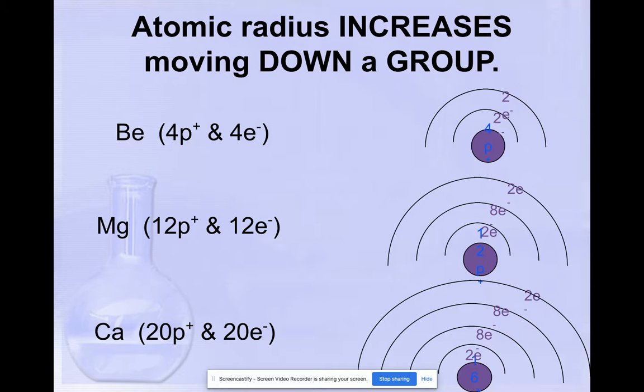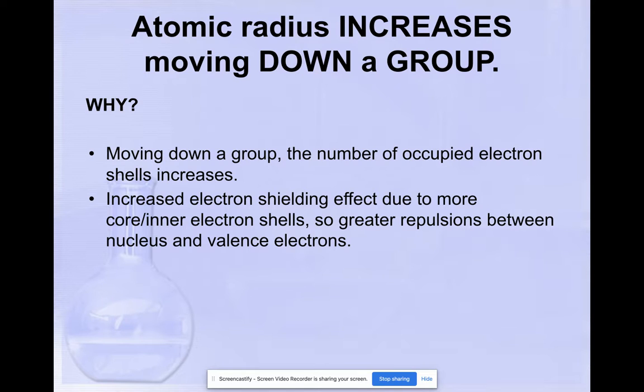You're adding more shells, so you're adding more inner core electrons. So you're increasing the repulsion between the nucleus and those valence electrons.